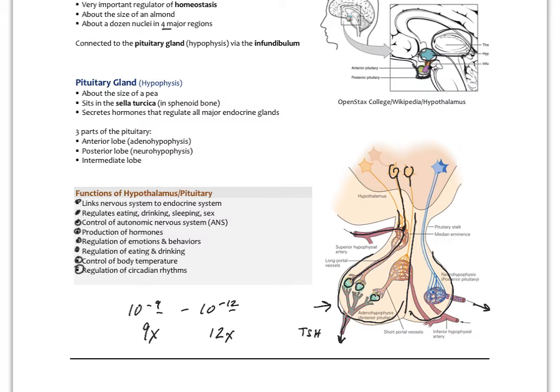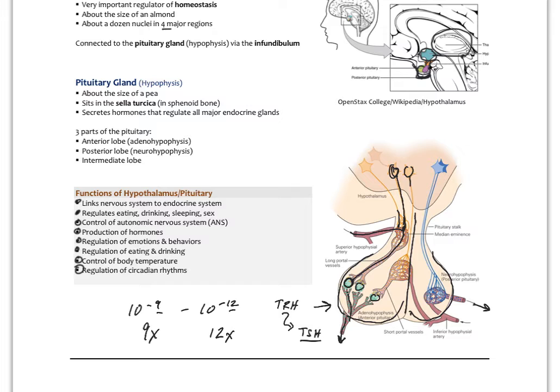You have what's called the hypothalamic releasing hormone, which comes down, secretes into this little portal system, and then it's going to cause groups of cells in the anterior pituitary to release their hormones into the blood. So in the case of TSH, there's a hormone that's released by neurons in the hypothalamus called TRH, thyroid releasing hormone, and then that causes cells in the anterior pituitary called thyrotrophs to secrete TSH into the blood. So that's the anterior pituitary.